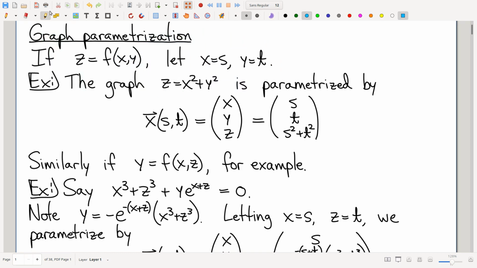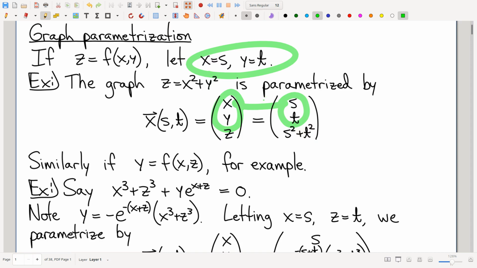Well, nothing to it. If you let your parameters be your input variables, that gives you 2/3 of your parameterization right there. Position as a function of S and T. Well, the first 2 coordinates are easy functions of S and T, they just literally are those parameters S and T. Where do you get the third one from?